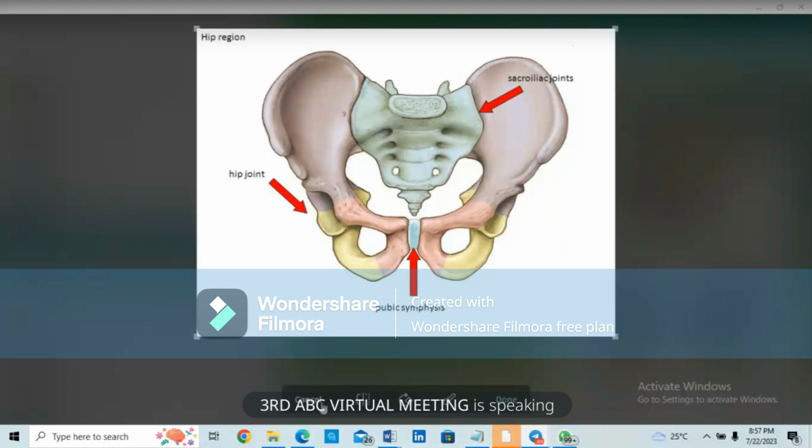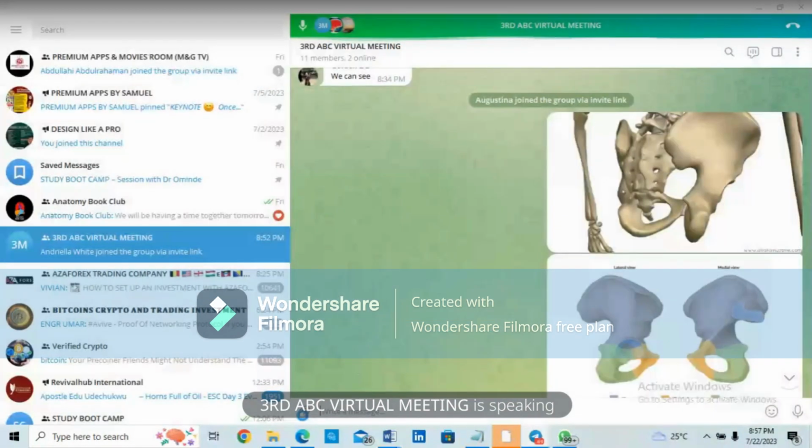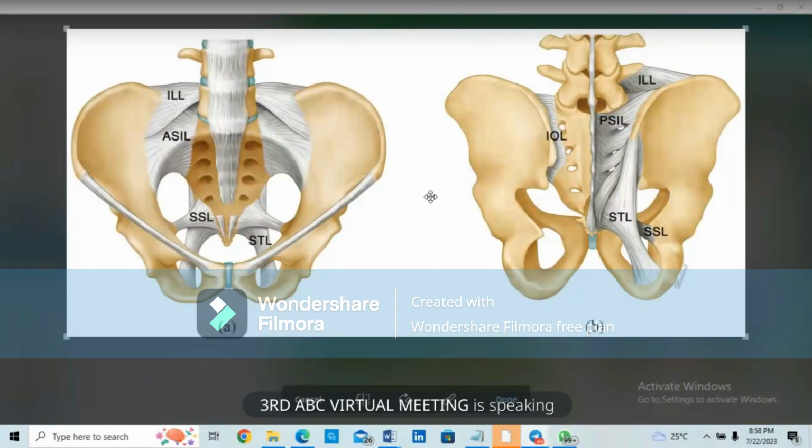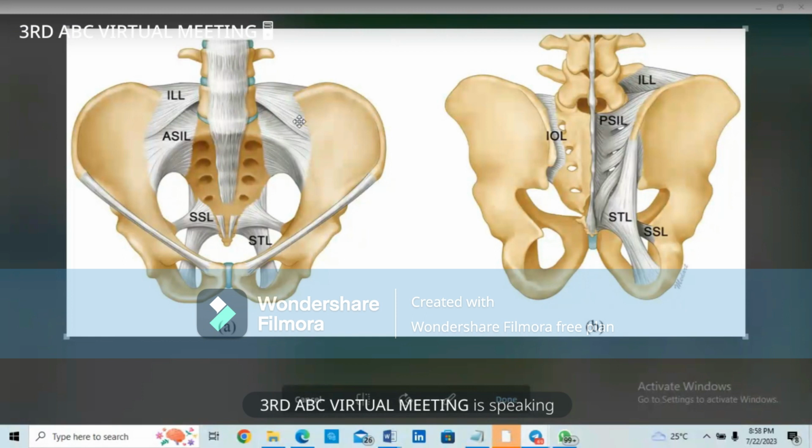So the question now is, what are the associated ligaments to this joint? So I would like to show you guys that. Alright, so these are the associated ligaments to the sacroiliac joint. We have the sacroiliac ligament, and there are three divisions.